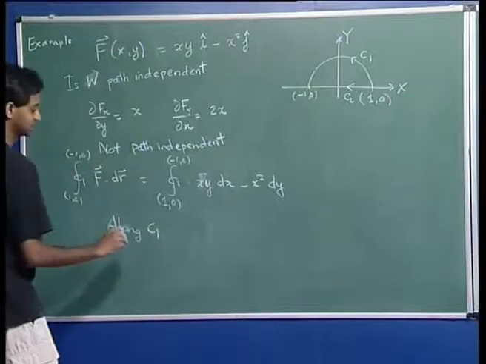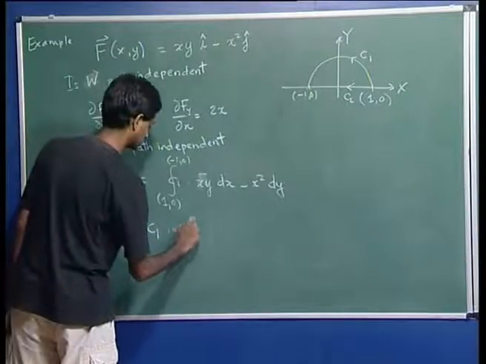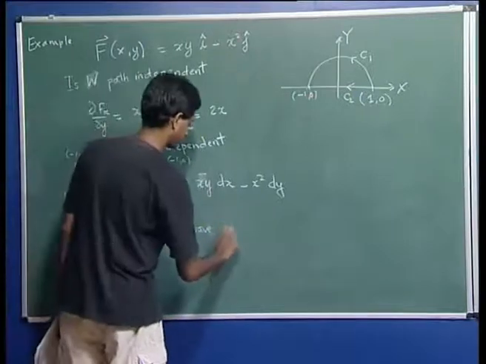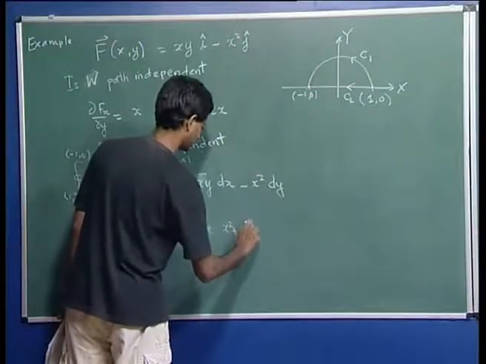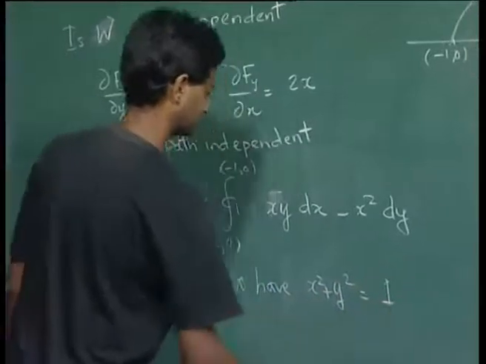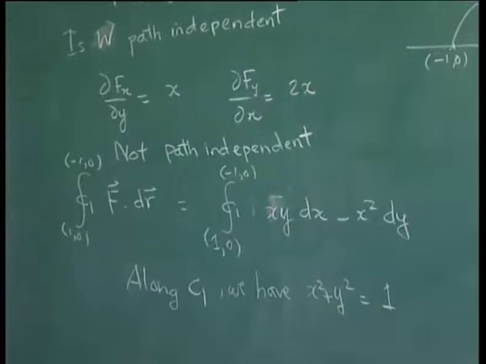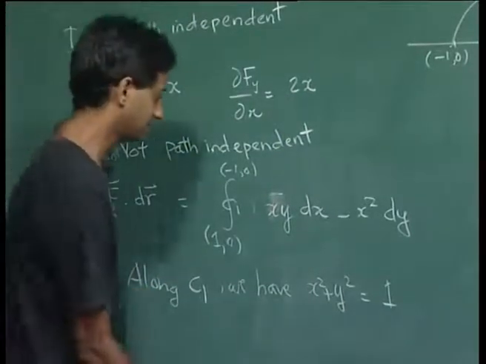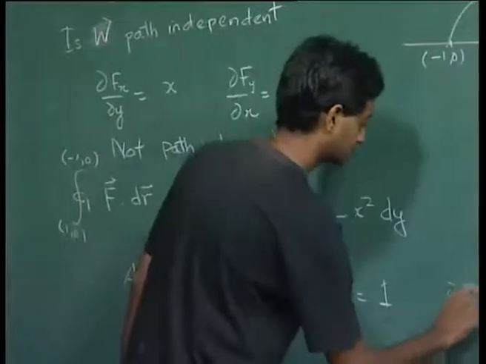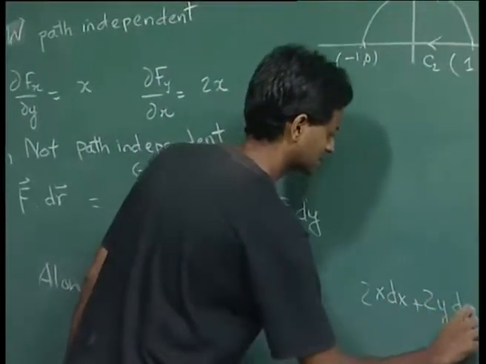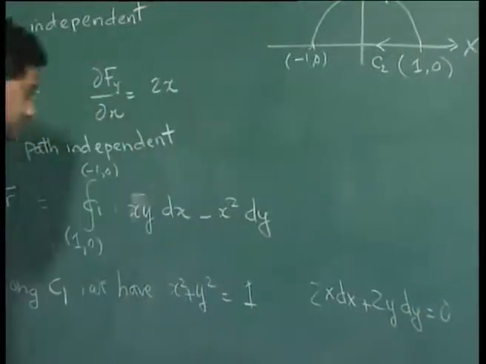Okay. And so along C1, we have x square plus y square is equal to 1, and therefore, we have 2x dx plus 2y dy equal to 0.